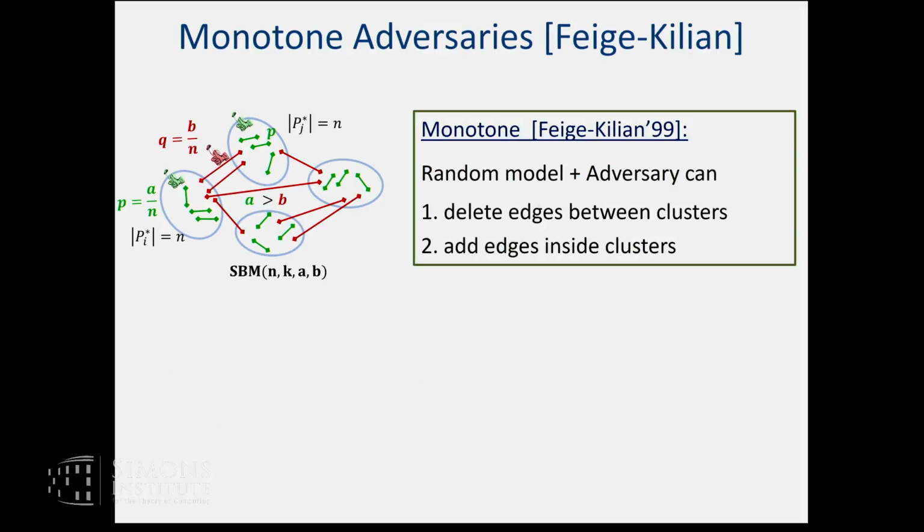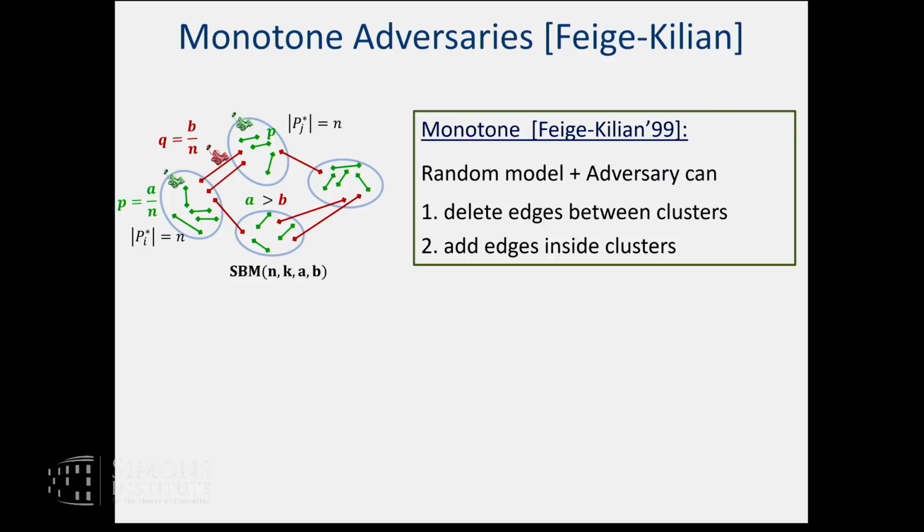Okay. Very good. So the first semi-random model for graph partitioning was the one proposed by Feige and Kilian. They came up with this really nice model where you assume that your graph is first drawn from a stochastic block model, or the standard partitioning model. But additionally, an adversary can then come and delete edges between clusters or add edges inside clusters.